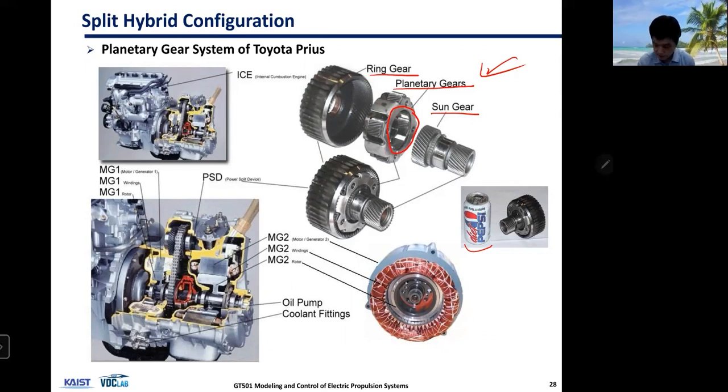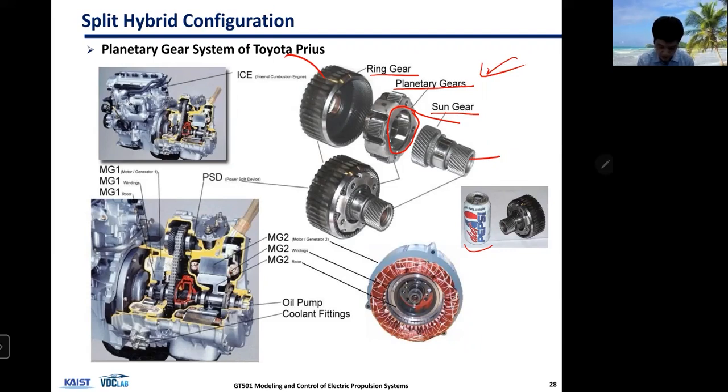So you have one, two, and three rotating parts, or shafts. You can connect them with different components, and they can generate different designs or architectures.